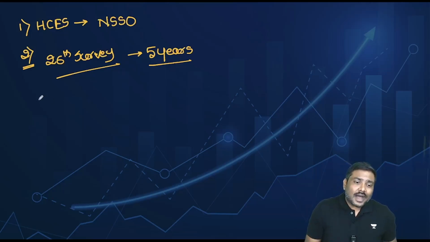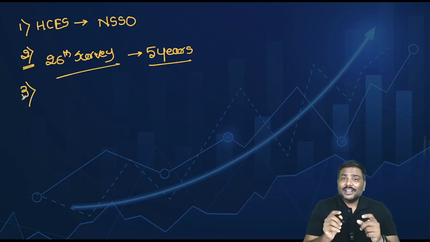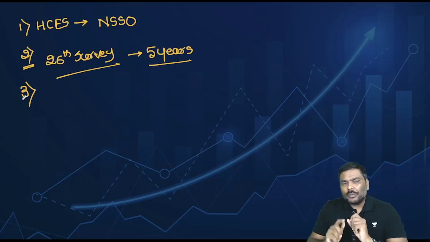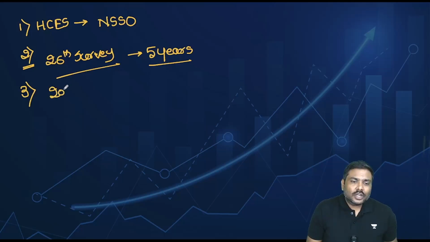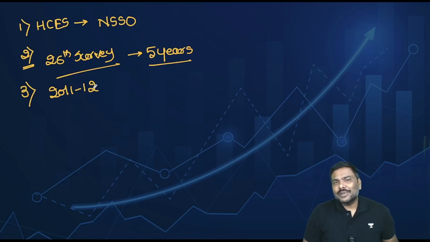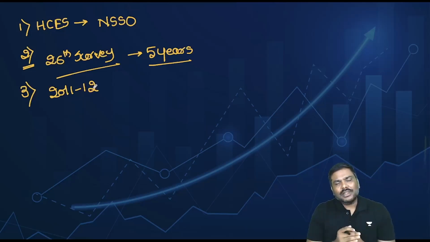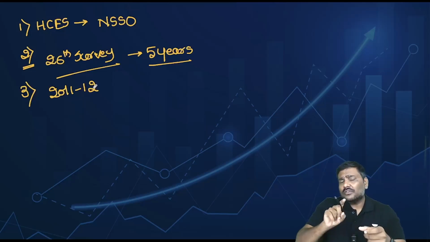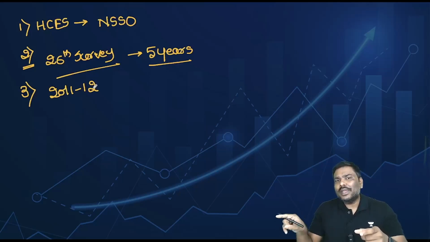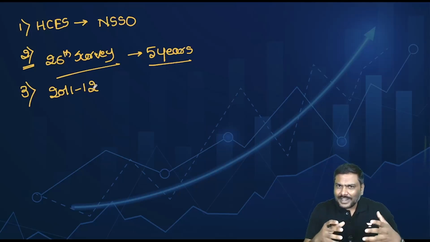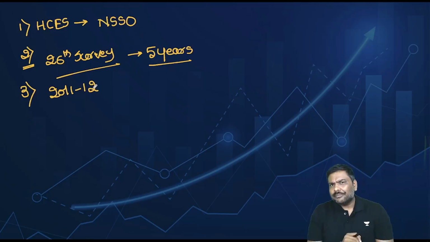Third point, the last survey for which the data is available in the public domain was conducted for the year 2011 and 2012. Some of you will ask me, sir, before this you told us that it is done once every 5 years, but now you are telling me that the last survey for which the data is available in the public domain is 2011 and 2012, which means for more than 10 years no survey was conducted.